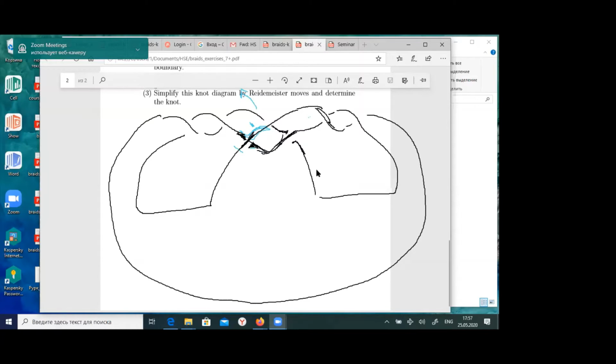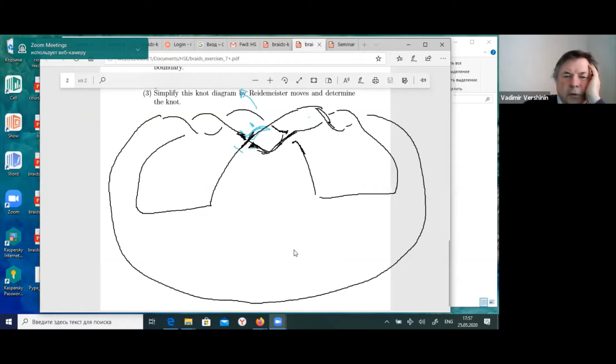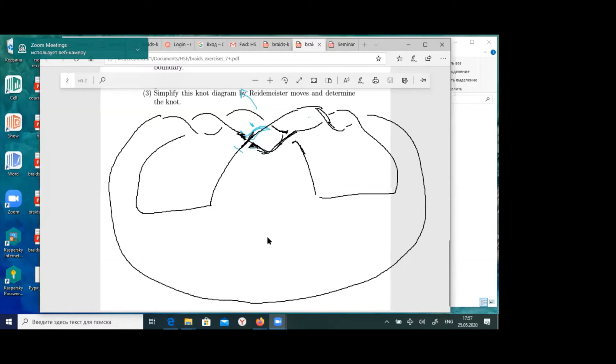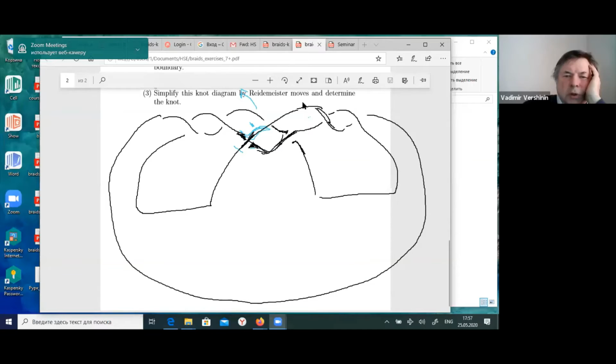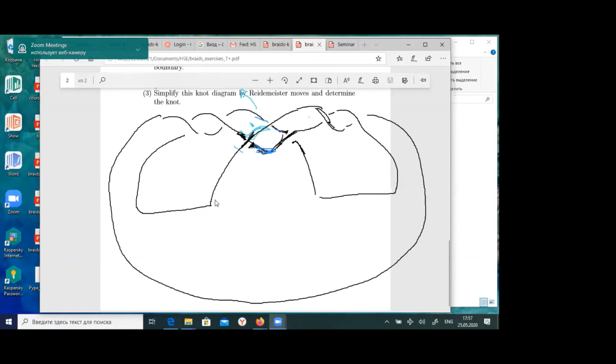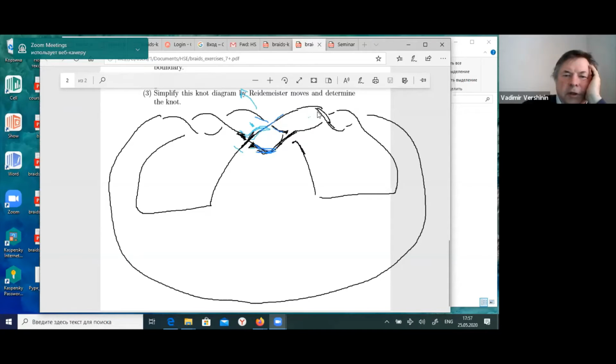Let's try the third Reidemeister move with this line and these two lines. I proposed at first, what I remember, to move this line. I proposed to move this line to make it over here.